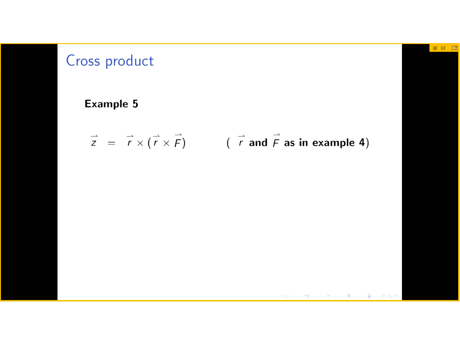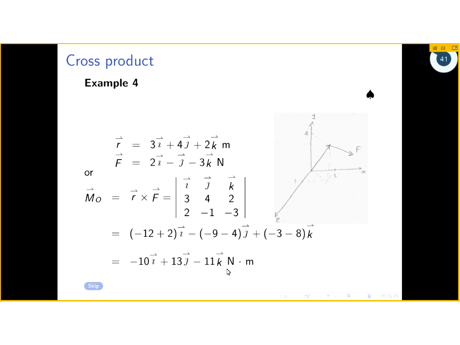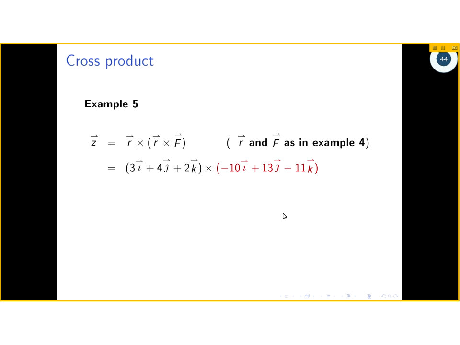Now, the part between the brackets, we don't need to recalculate, because we've already calculated that in example 4. And the result that we got was what is given here in red. If you don't believe me, you can go back and compare and see that it is indeed the same as what we have in red in the last slide.